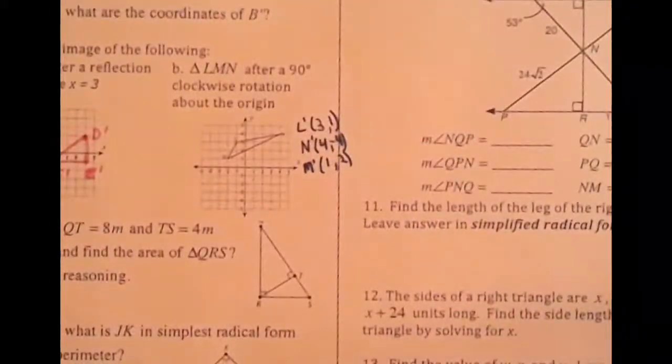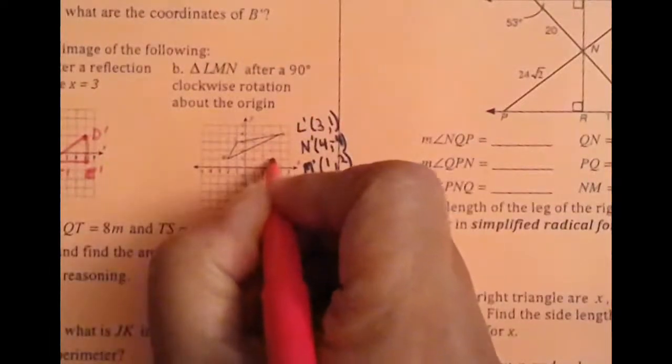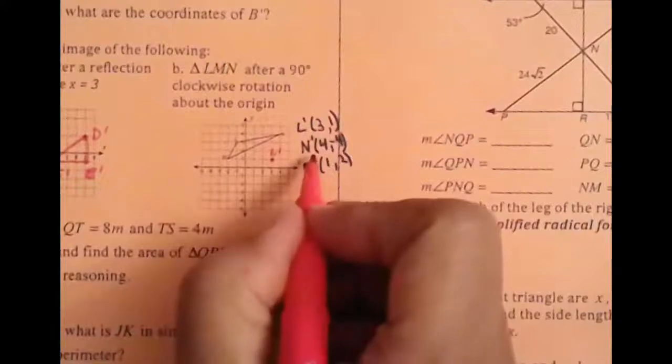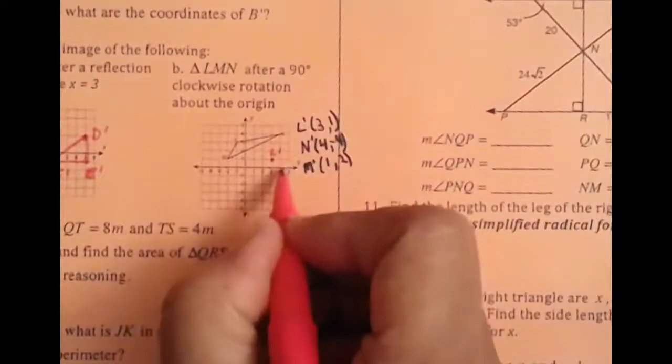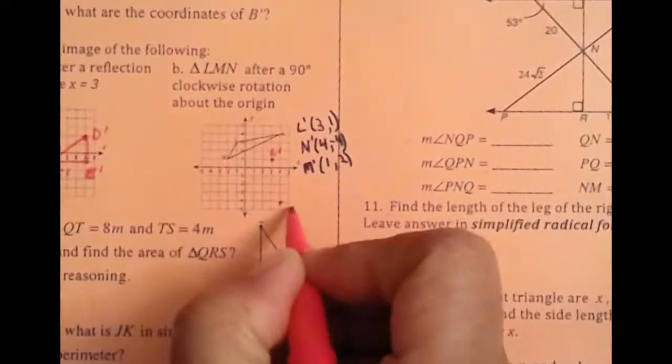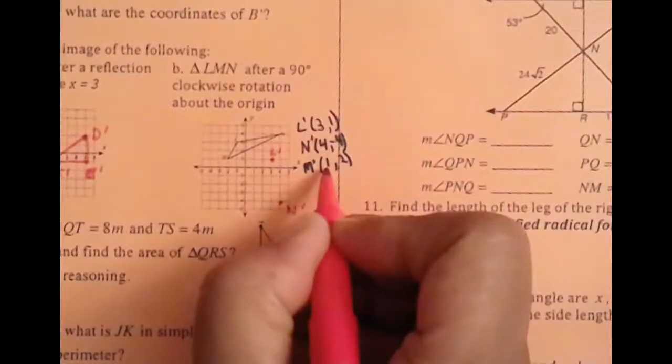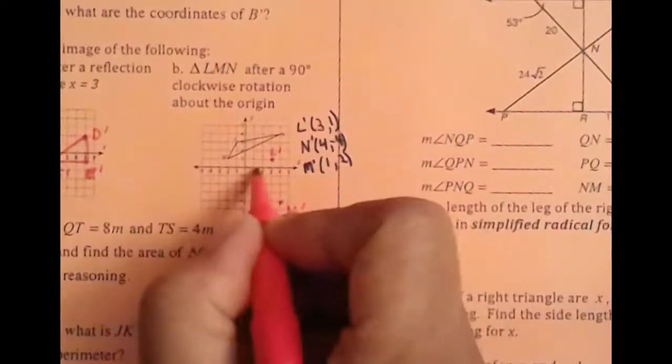All right, now I'm going to go ahead and move this back to its original state, which is this way. I'm going to go ahead and plot these points. So my L prime is at 3, 1. My N prime will be at 4, negative 4. And my M prime is going to be at 1, 2.